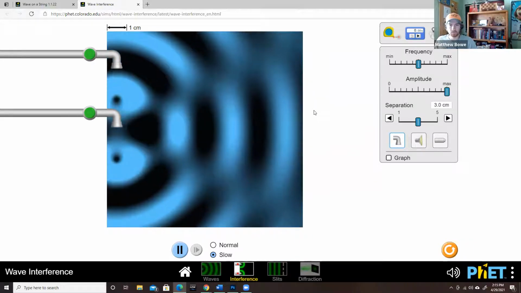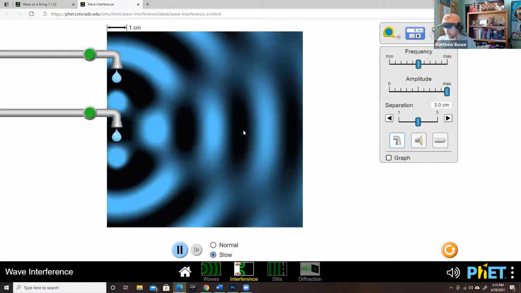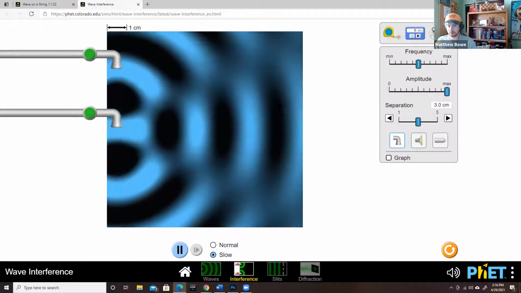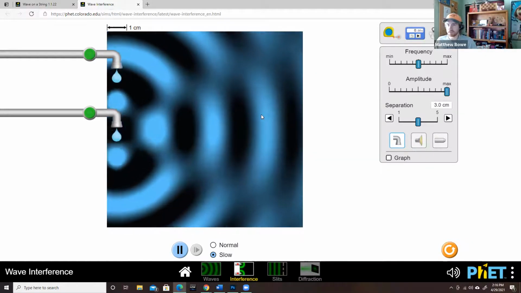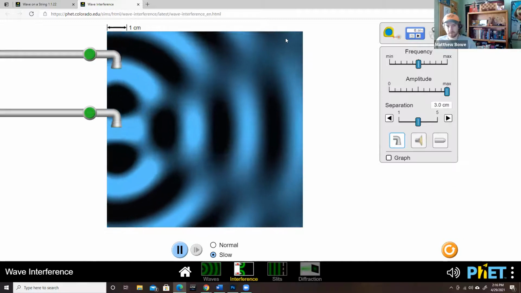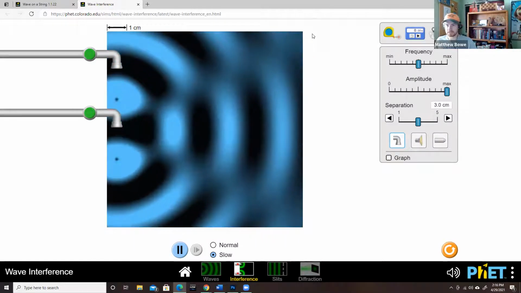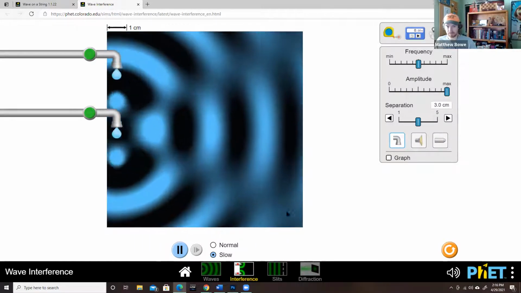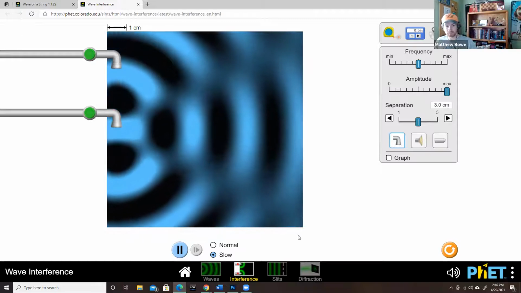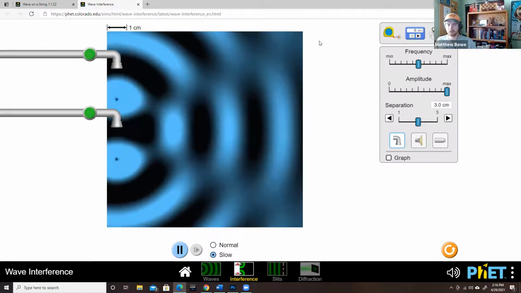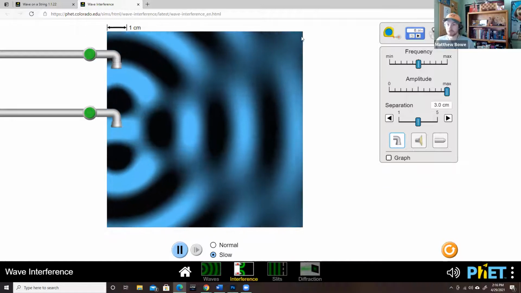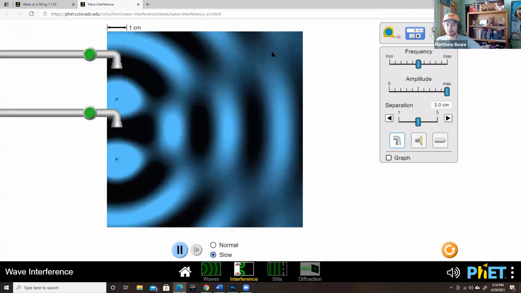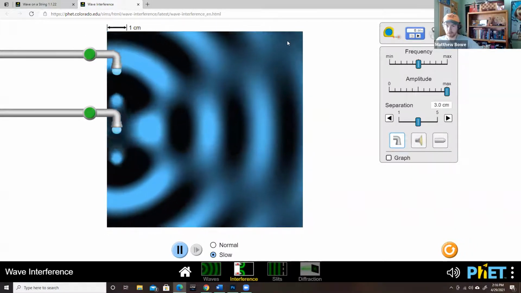So we have constructive interference right in the middle, right? This sort of black and blue area. But you can see there's these dark, fuzzy bands that extend outward and at an angle. Those regions, they're not really clearly defined. So those would be the destructive interference region.